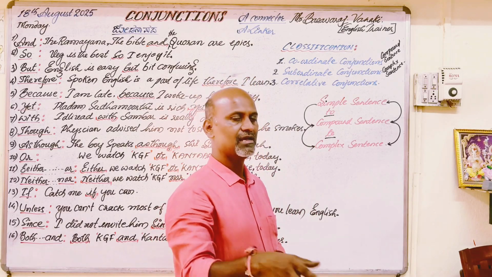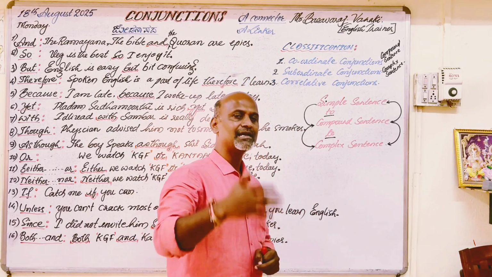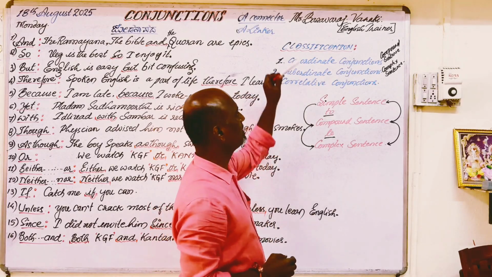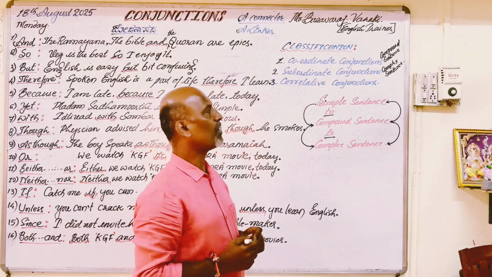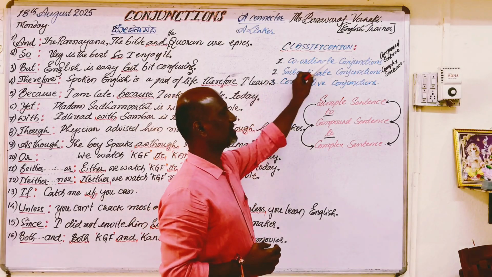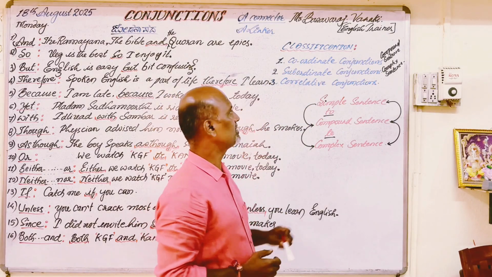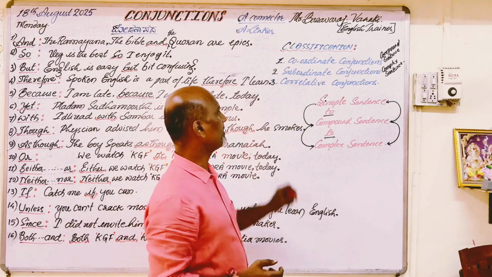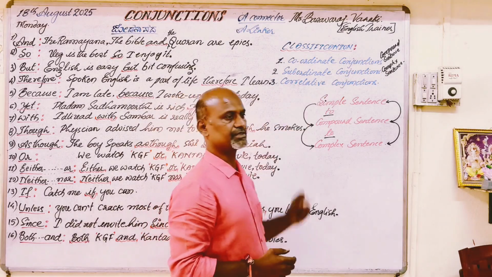Yes, conjunctions can be classified into three parts majorly. This is the classification. Number one, coordinate conjunctions. Second, subordinate conjunctions, and finally correlative conjunctions.